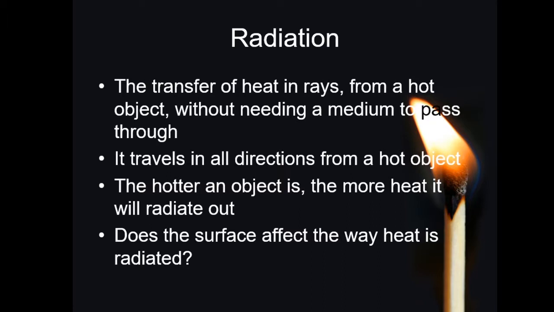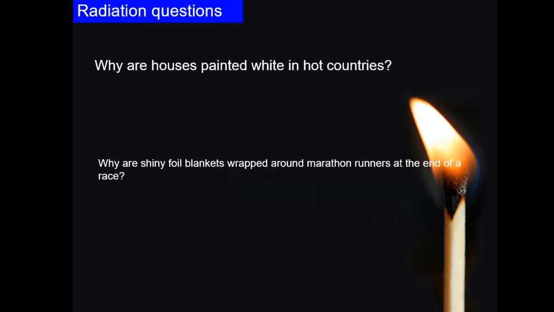Now we have a question here. Does the surface affect the way heat is radiated? Well, I'll answer that later on. So here are some questions about radiation. Why are houses painted white in hot countries? Why are shiny foil blankets wrapped around a marathon runner at the end of a race? To answer the first question, white reflects heat radiation and keeps the house cooler.